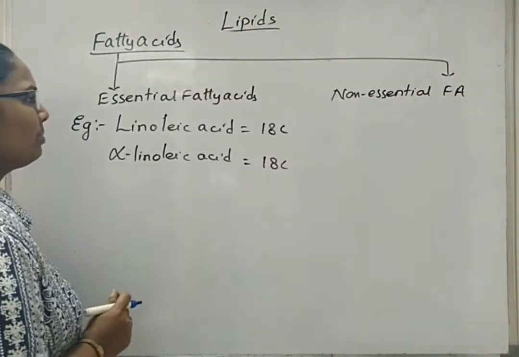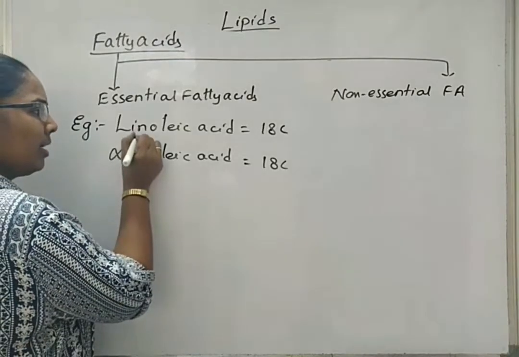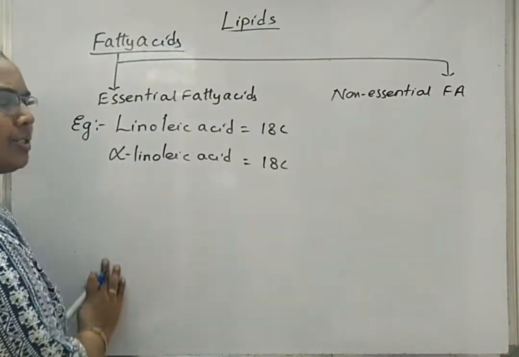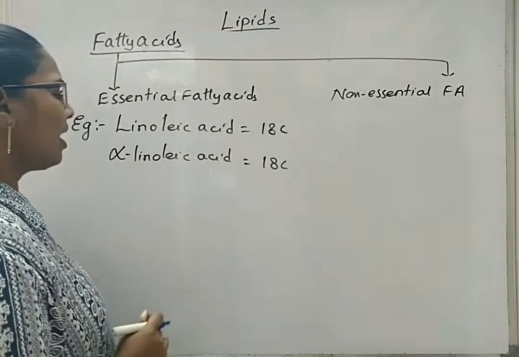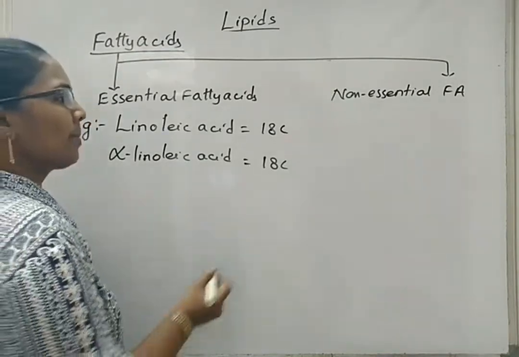If you see the examples under essential fatty acids, the examples are linoleic acid, which is of 18 carbon, and alpha linoleic acid, which is again of 18 carbon.